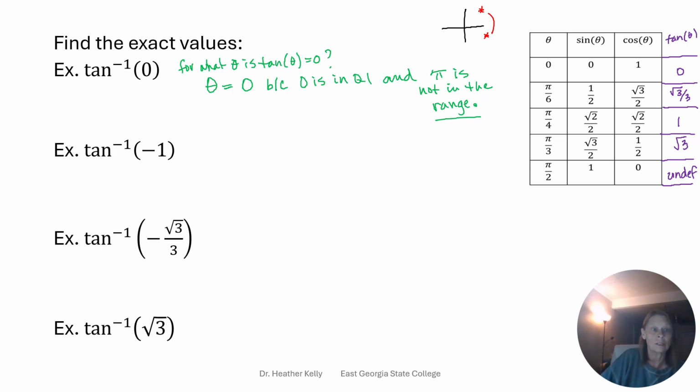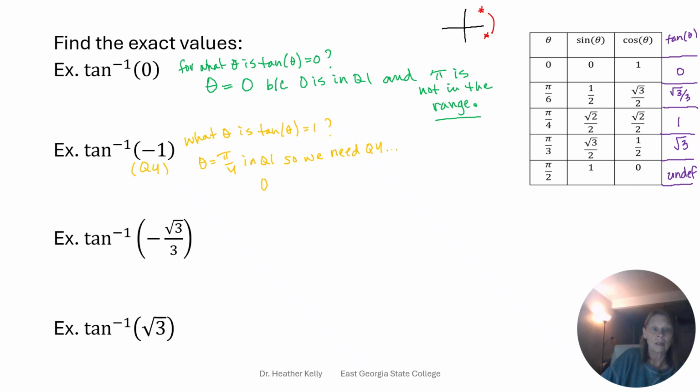All right, cool. Let's take a look here. Tan inverse or arctan of -1. This is in quadrant 4 because the tangent is negative, right? Quadrant 4, and we want to know what theta is tan theta equal to 1, right? And that happens when theta is equal to pi over 4. But this is in quadrant 1, so we need quadrant 4.